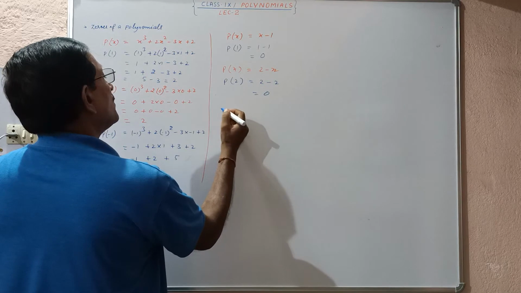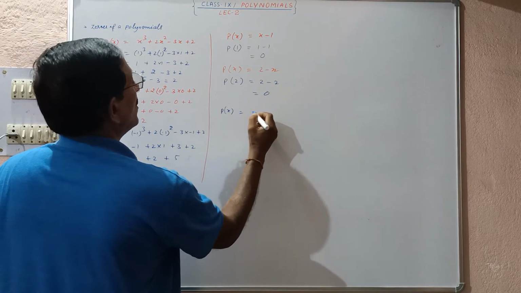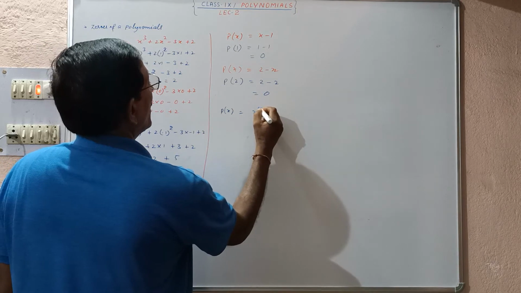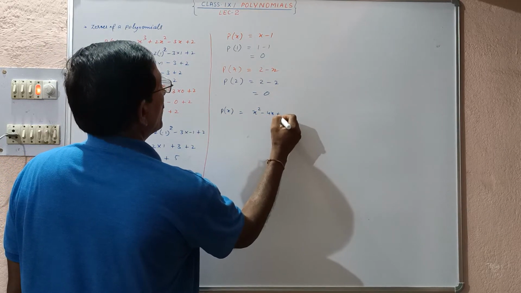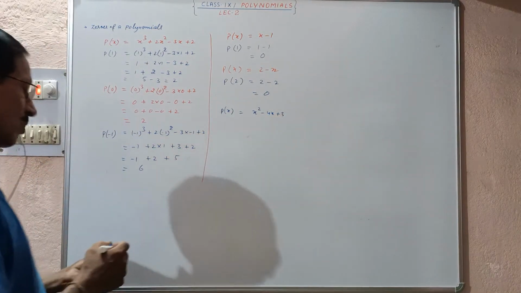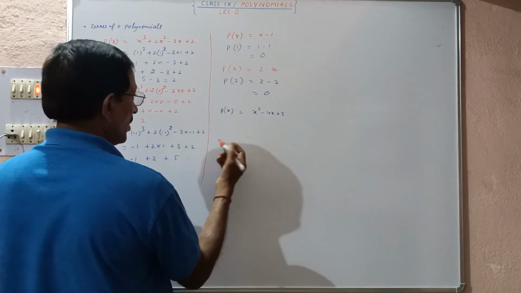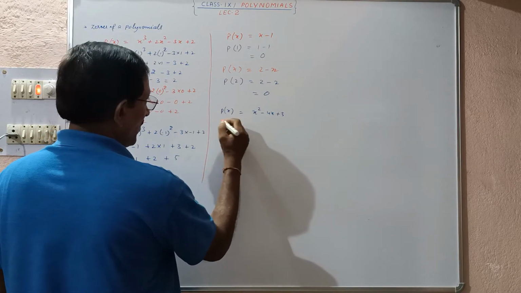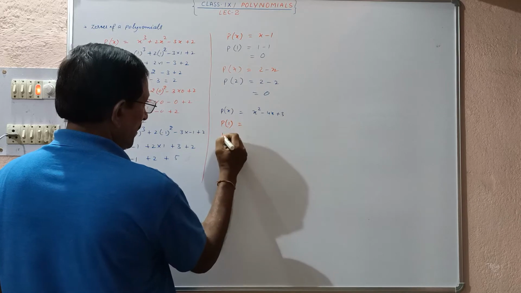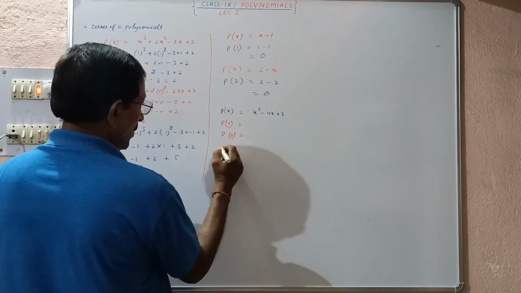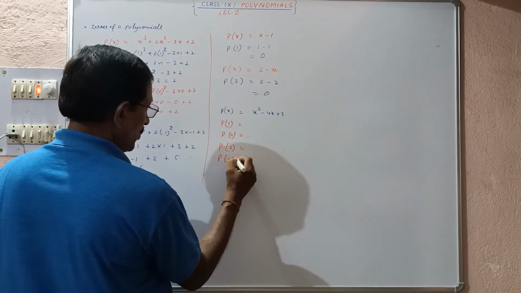We have been given a polynomial x square minus 4x plus 3, and I want to know the value of p(1). That means find p(1), find p(0), find p(2), find p(minus 2), like this.